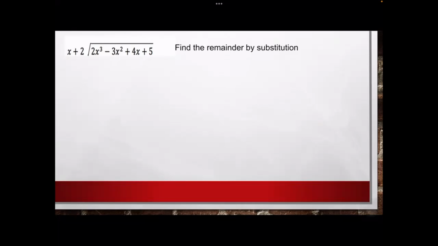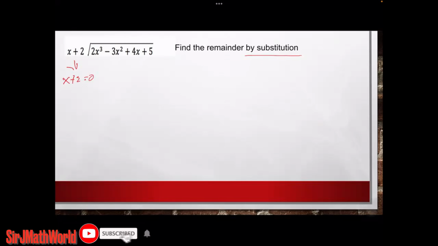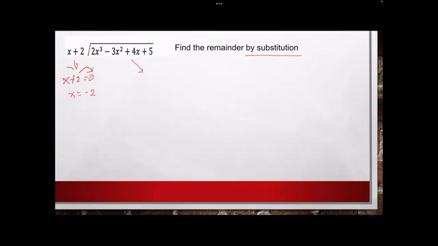In this case, we have to use the substitution. So from here, meron tayo ng x plus 2 is equal to 0. Therefore, your x is equal to negative 2, kasi you have to transpose 2. Now, from here, the f of x is equal to 2x cubed minus 3x squared plus 4x plus 5.